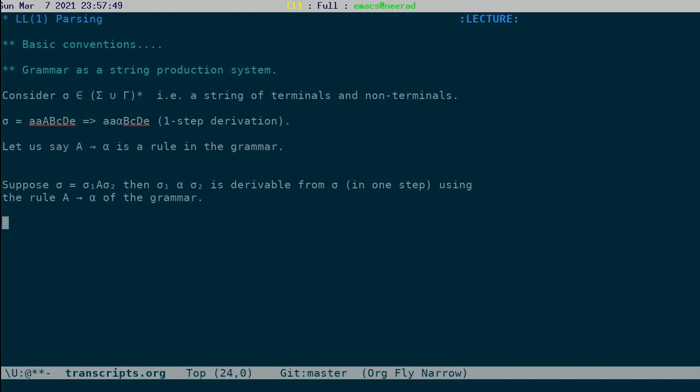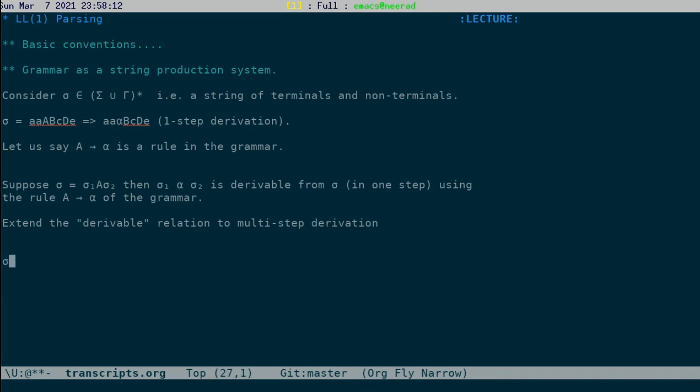So extend the derive relation to multi-step derivation. Okay. So we'll use this picture.